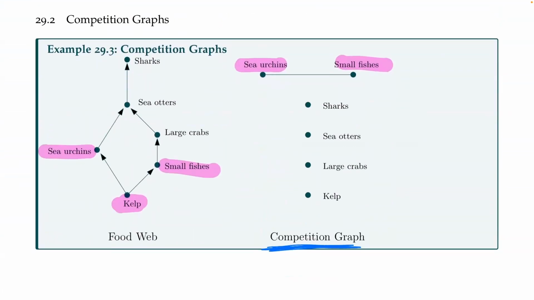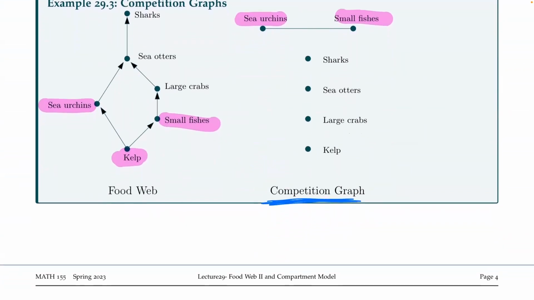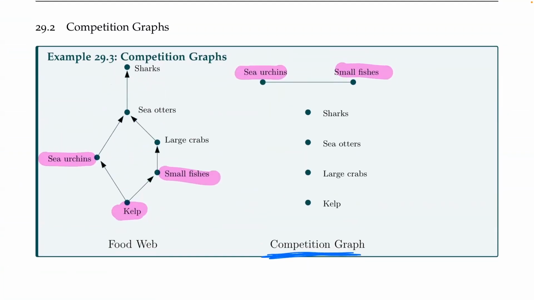Competition graphs. This is not a major component, but is something that you guys should know how to do. On the left-hand side here, we have a food web, which you've met multiple times. We can turn some of this information into something called a competition graph if we draw a link between any two species that share a food source.